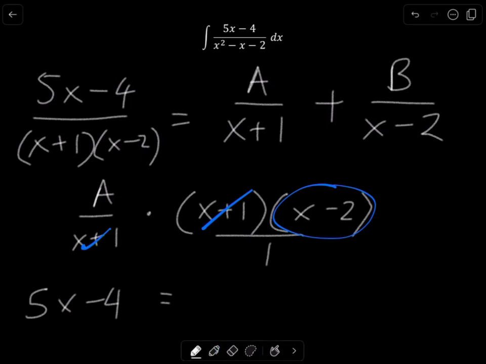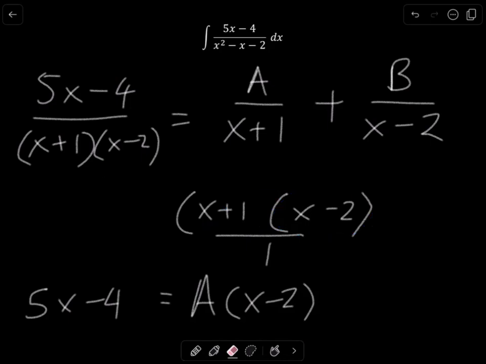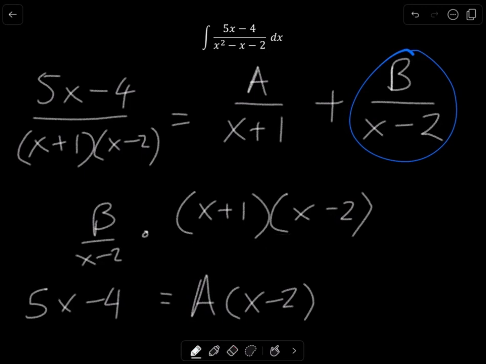So what I will have is A into x minus 2. Then I have one more term, so I'm going to take B over x minus 2, and multiply it by x plus 1 times x minus 2. So the x minus 2 will cancel off, but the x plus 1 will remain. So it's going to be plus B into x plus 1.